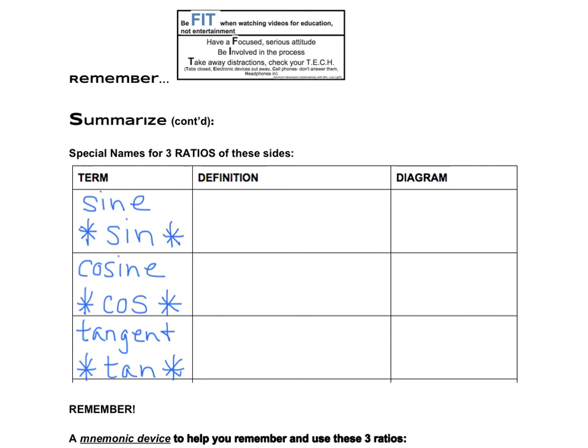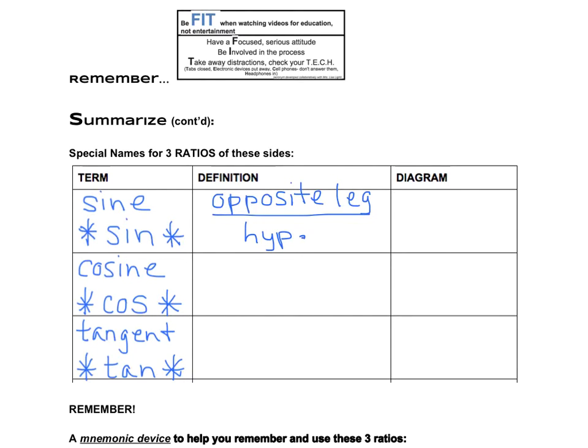So now let's talk about the definitions for these. If we go back to sine, sine is going to be the ratio of the opposite leg all over the hypotenuse.